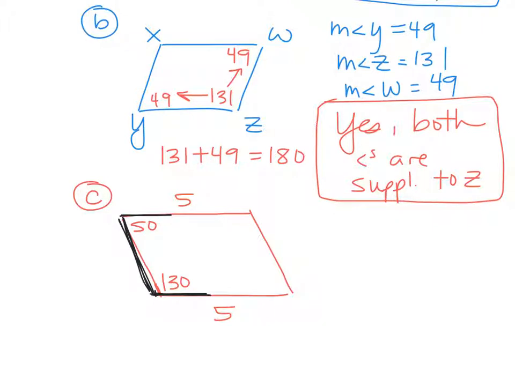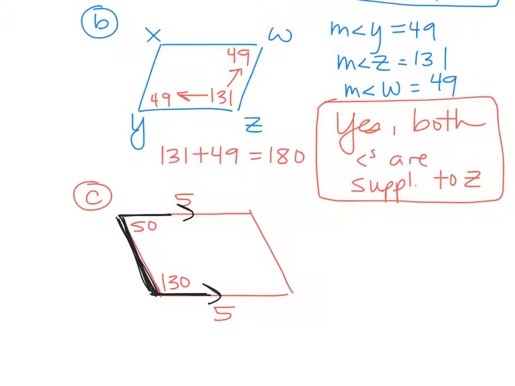Supplementary. What's another name for those two types? Same side interiors. What do you know about same side interiors? That when they're supplementary, the lines are parallel, right? So because these are supplementary and same side interiors here, that makes these parallel.